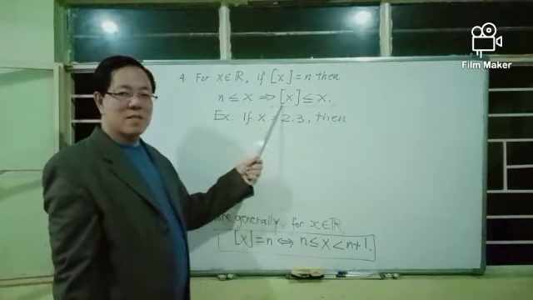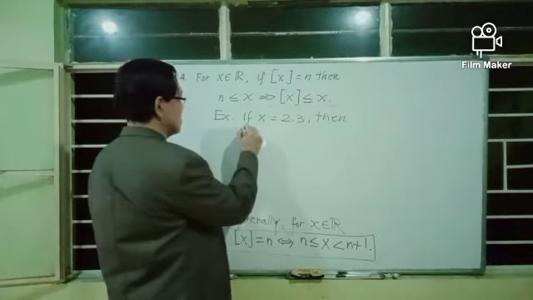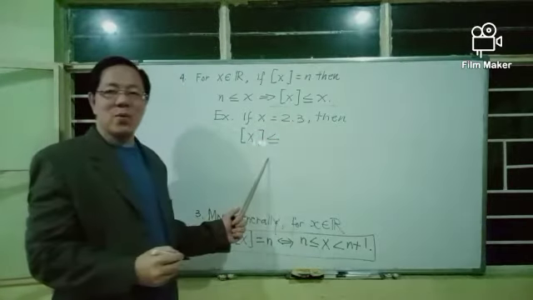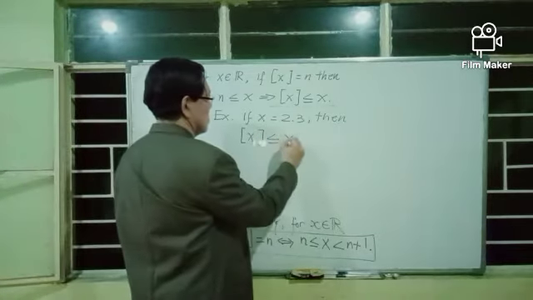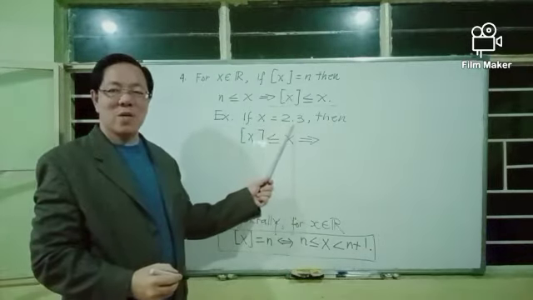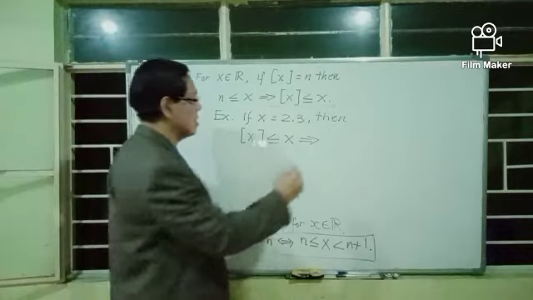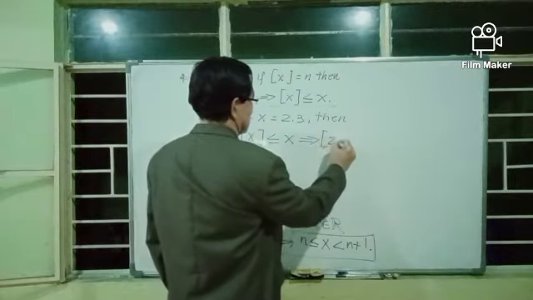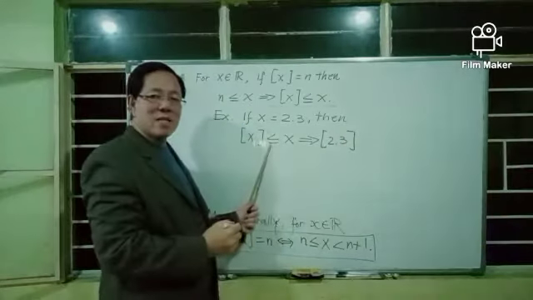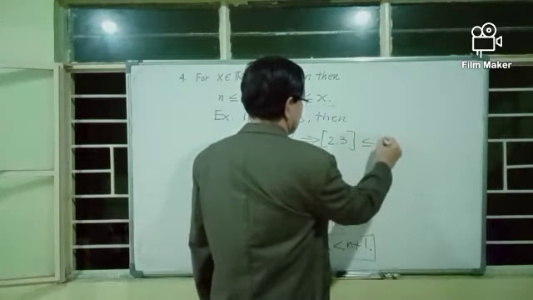This inequality says the floor of x, that is the floor of 2.3, should be less than or equal to x. For this particular value of x equals 2.3, the greatest integer function of 2.3 should be less than or equal to 2.3.